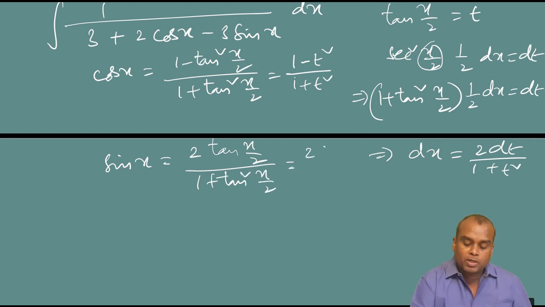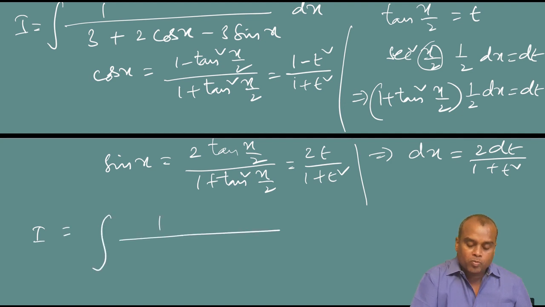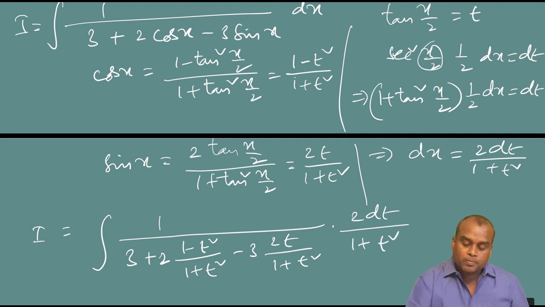Therefore it is nothing but 2t by 1 plus t square. So making those substitutions, the given integral I now becomes integral 1 by 3 plus 2 into 1 minus t square by 1 plus t square minus 3 into 2t by 1 plus t square, into dx, which is nothing but 2 dt by 1 plus t square.